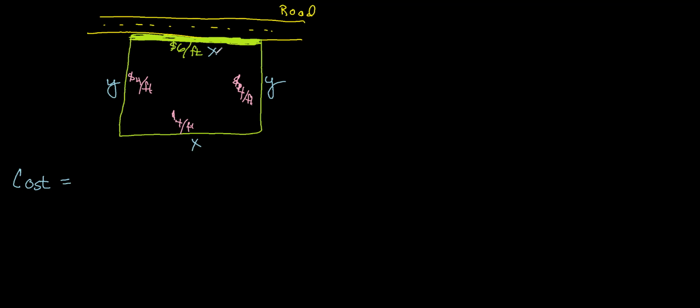We have X feet. So the cost of that side would be 6X. And then if we look at all the other sides here, we've got $4 times Y for this side. And then down here, we've got $4 times X and $4 times Y for the other side.